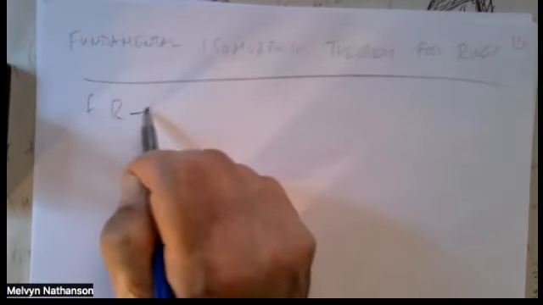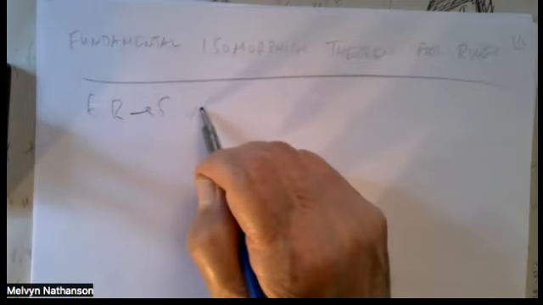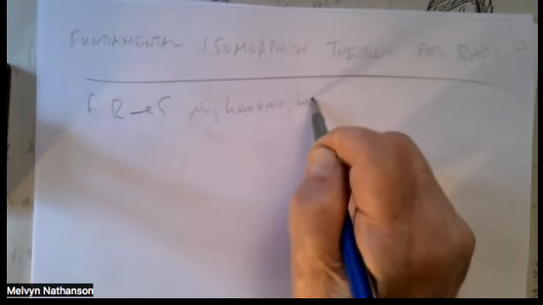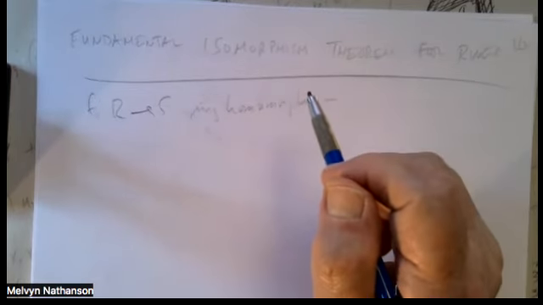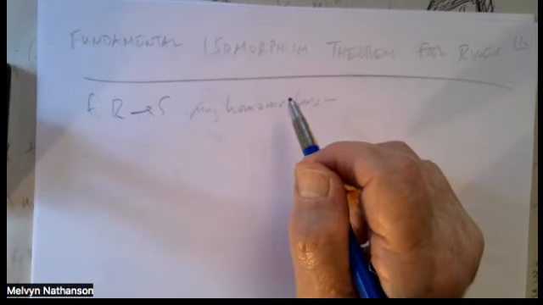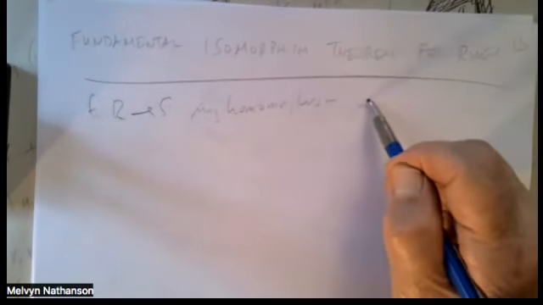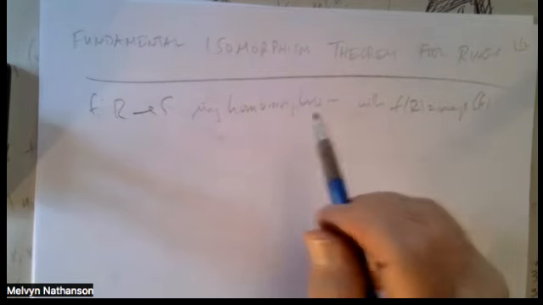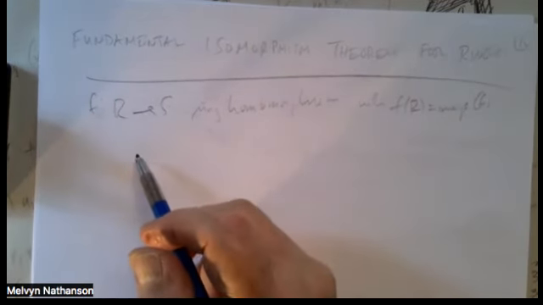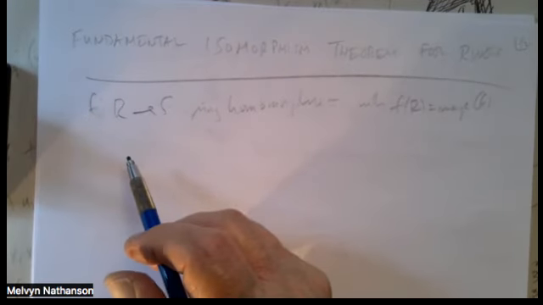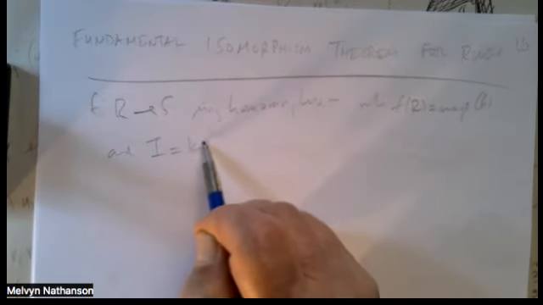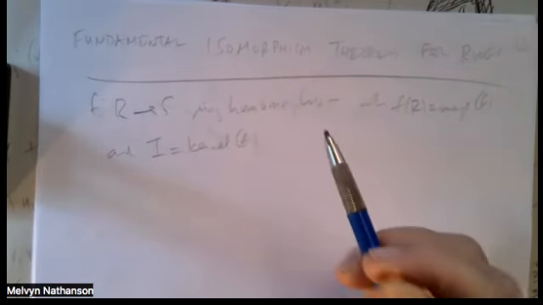Suppose f from R to S is a ring homomorphism with f of R, the image of f, and I equal to the kernel of f.